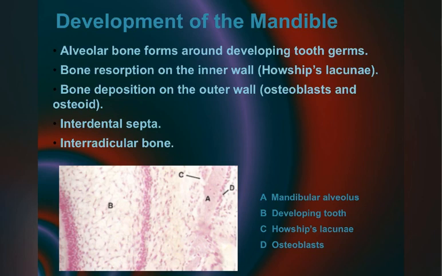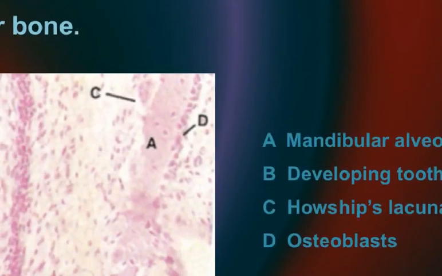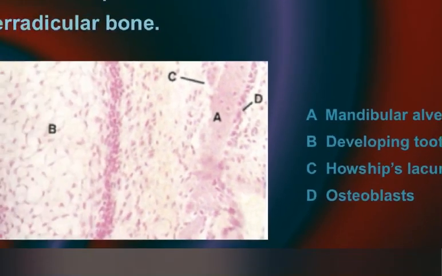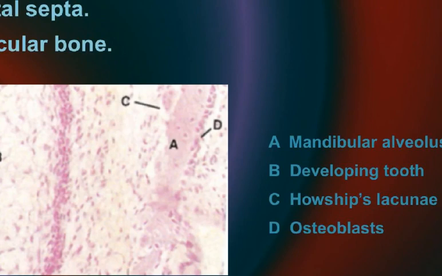This resorption is performed by osteoclasts, as you see here, large multinucleated cells, like this cell here and this cell here. Both of these are osteoclasts. The depression where the osteoclast is performing its resorption work is called Howship's lacuna.